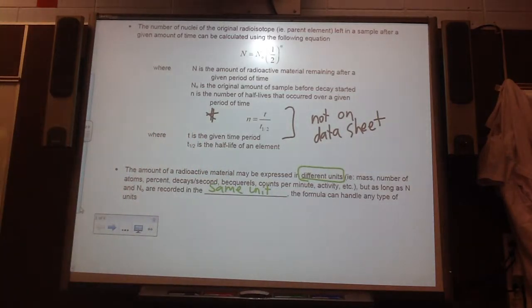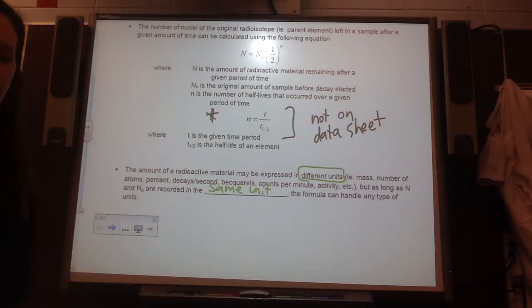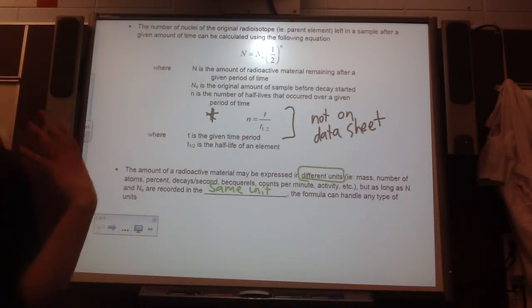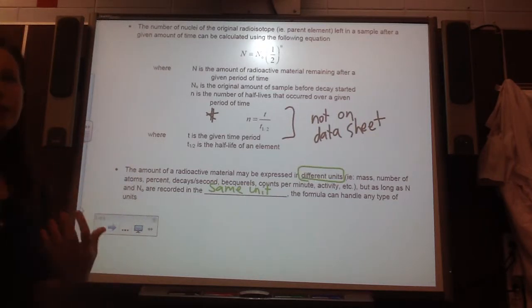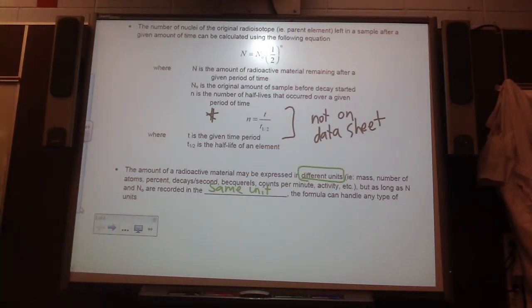This is because radioactive materials have such varying half-lives and ways of decaying, so it's good to have a formula where we can use all sorts of different units to compare things. I'll show you examples of that too, but if you get really weird units, it's okay as long as they're the same for N and N naught.